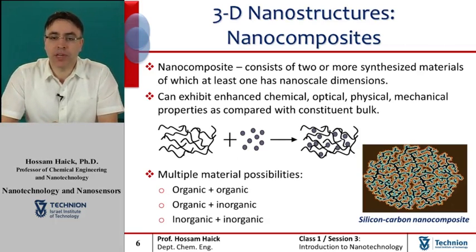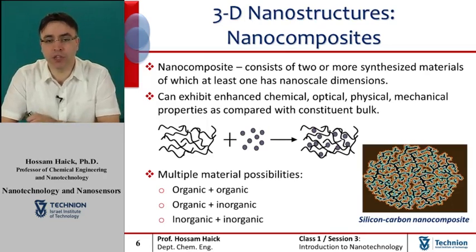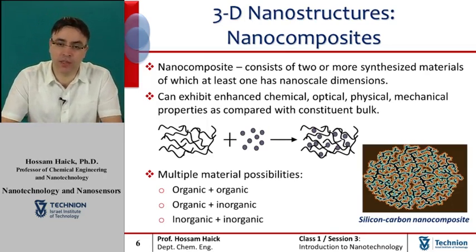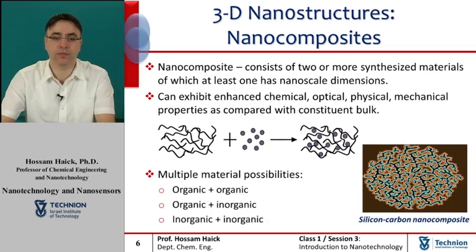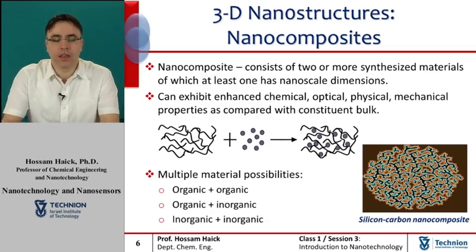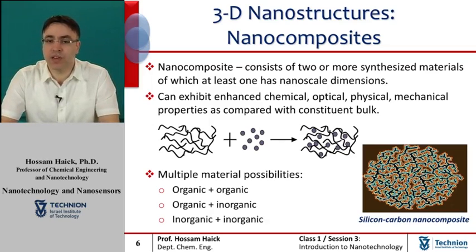Nanocomposites might include combinations of organic and organic materials. They can also include a combination of organic and inorganic materials, and finally, they can include a combination of inorganic and inorganic materials. This large amount of reinforcement surface area means that a relatively small amount of nanoscale reinforcement can have an observable effect on the macroscale properties of the composite.